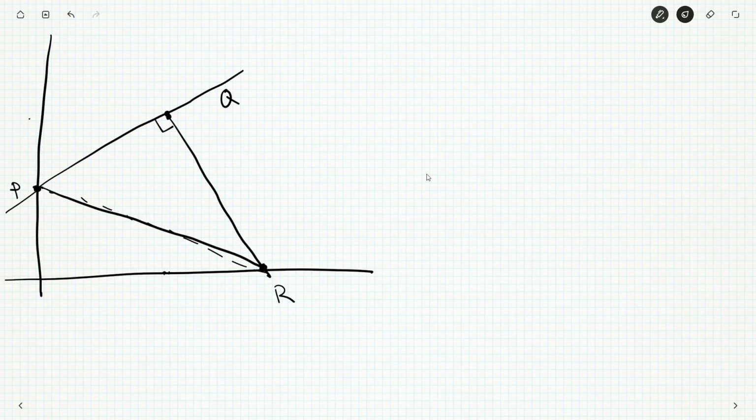Now let's see here. I just want to draw attention to the fact that we do have a 5 here and a 12 here, and that tells me that this is 13 here. It's a common Pythagorean triple. 5 squared plus 12 squared is 13 squared, and one must never forget the axes are perpendicular to each other.